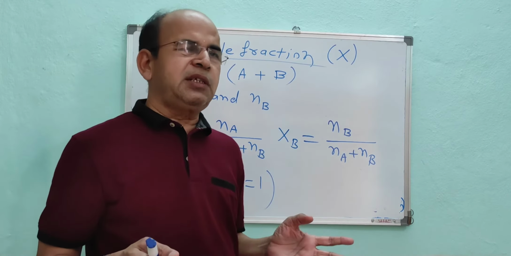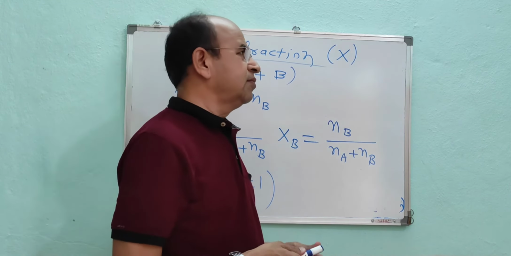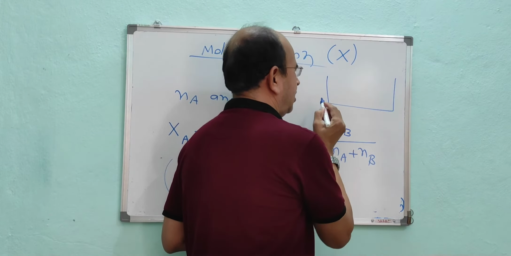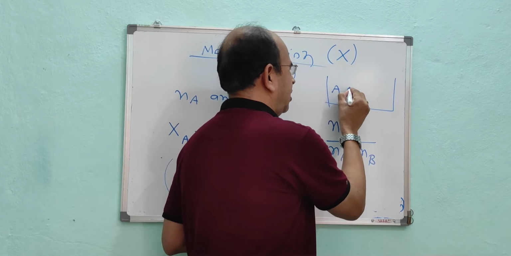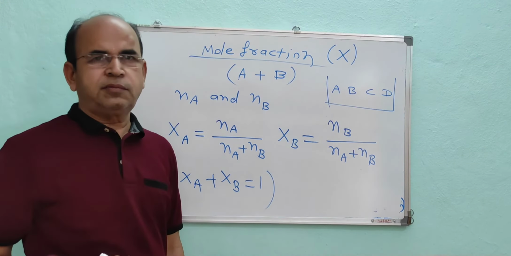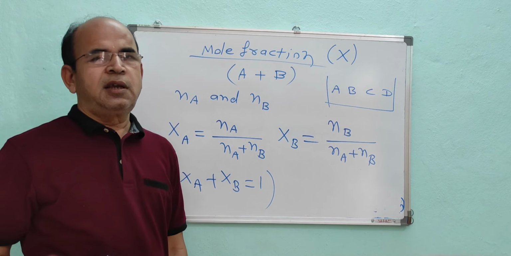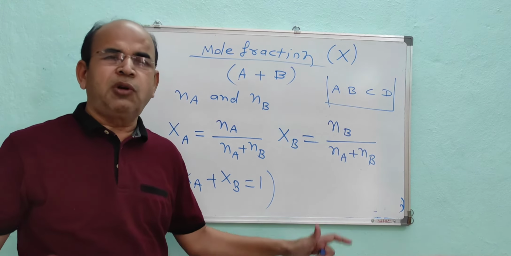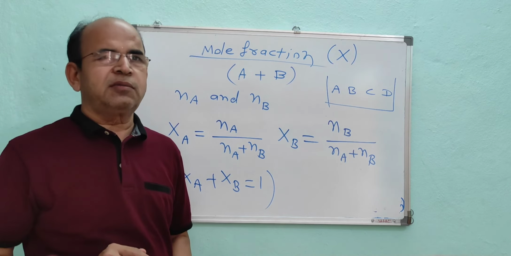Suppose there is a solution and there are 4 components A, B, C and D. Here also the sum of the mole fractions of all components will be equal to 1.